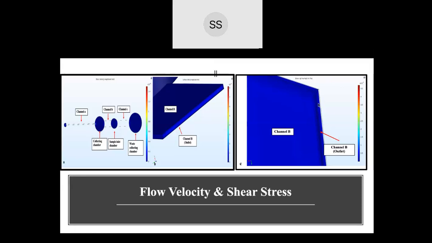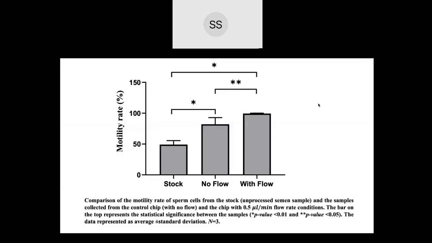So all these profiles help in filtering the healthy sperm cells from the others, and only healthy and motile sperm cells will be able to travel towards the collecting chamber. The others will get washed away.